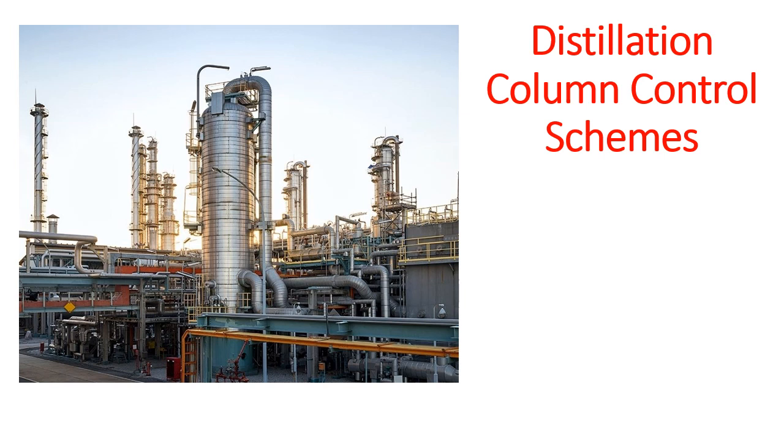Optimizing these different control schemes can help in reducing operational cost and at the same time improving product quality. In this lecture, we are going to talk about the different control schemes that are available. So let's begin.